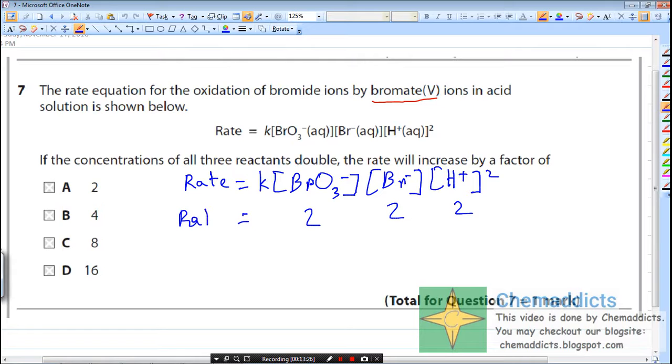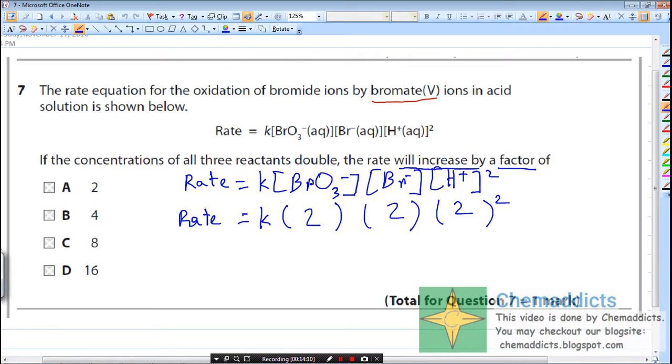Here we just need to find the factor by which the rate will increase. We leave k as it is, since these are all in product form. We just substitute the values, suppose this is 2, putting in all the factors by which the three reactants are increased, keeping the square.